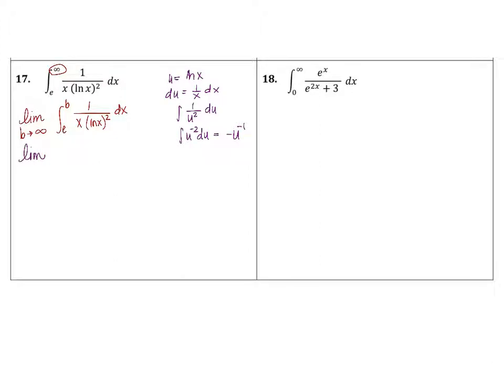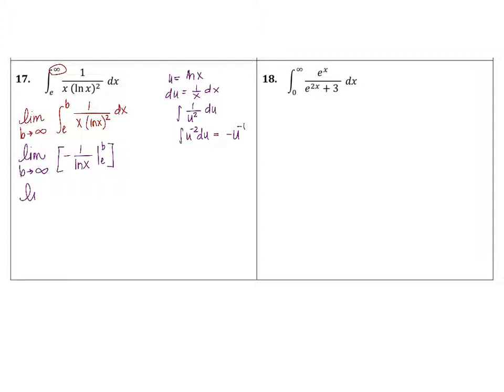All right, so come back over here. We have the limit as b approaches infinity of negative u, but u was natural log of x. So negative 1 over natural log of x. And then I'm going to evaluate that from b to e.